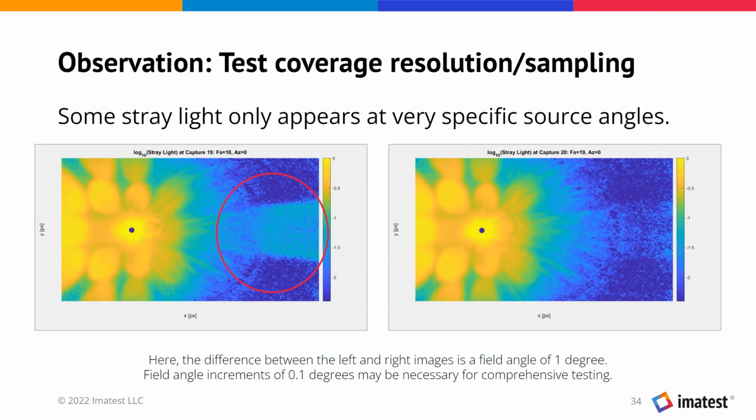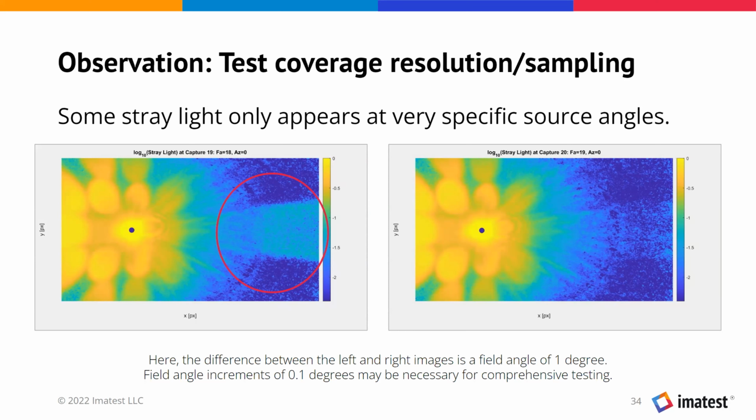So now I want to talk about just some observations on the limited set of results we've shown here. Something important to point out and to consider anytime you're doing stray light testing is coverage or resolution sampling, both the extent and delta of your coverage. The left and right images here differ by only 1 degree, but there's certain stray light artifacts that only appear in one image versus the other.